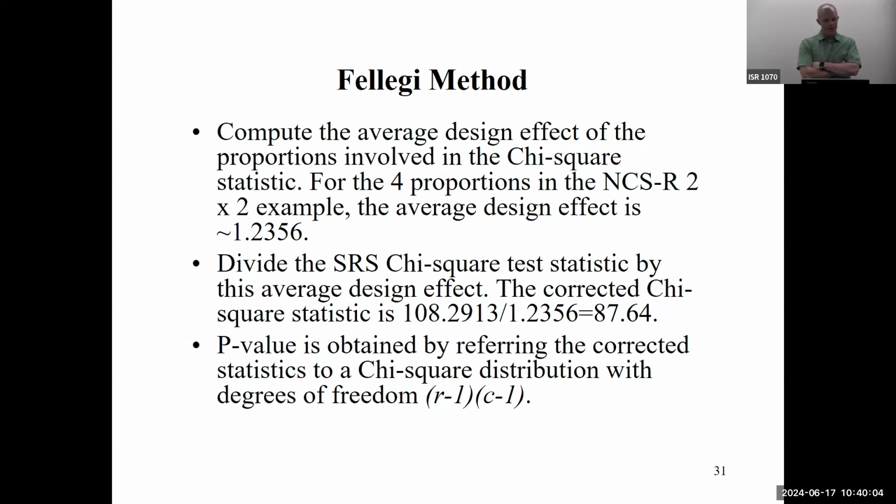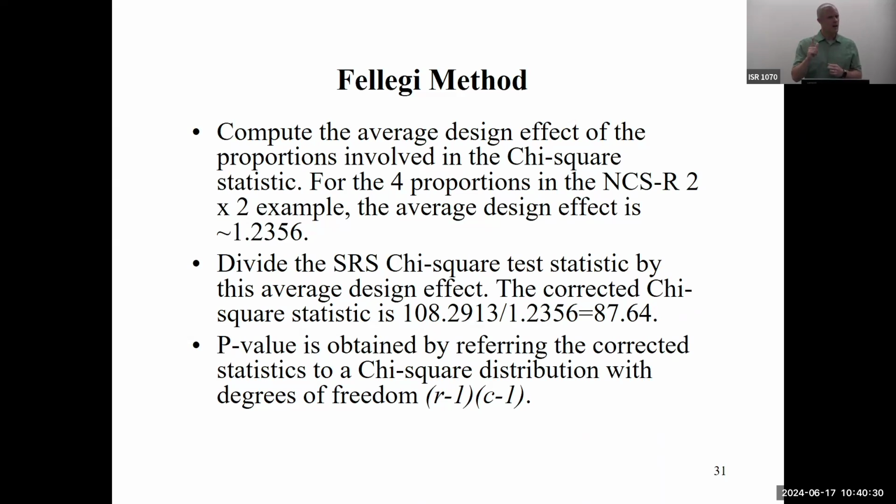So take that average design effect and divide the simple random sample Pearson chi-square test by that average design effect. Fellegi showed that when you divide the actual Pearson chi-square by that average design effect, you still get a statistic that follows a chi-square distribution. So you can still base your test on that scaled chi-square statistic, scaling by the design effect.